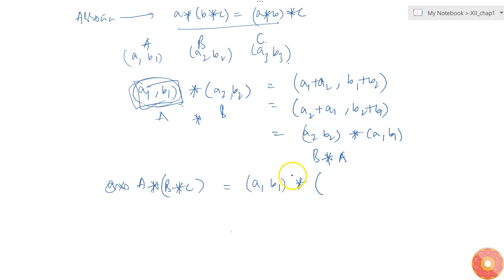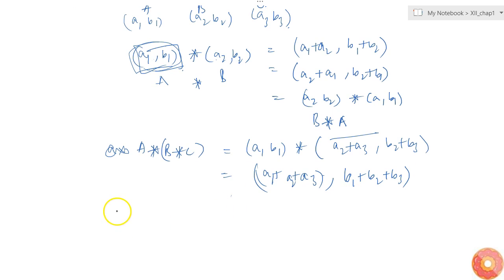For this, if we apply the binary operation star, we get simply (a2 plus a3, b2 plus b3). Now this whole thing will become (a1 plus a2 plus a3, b1 plus b2 plus b3).